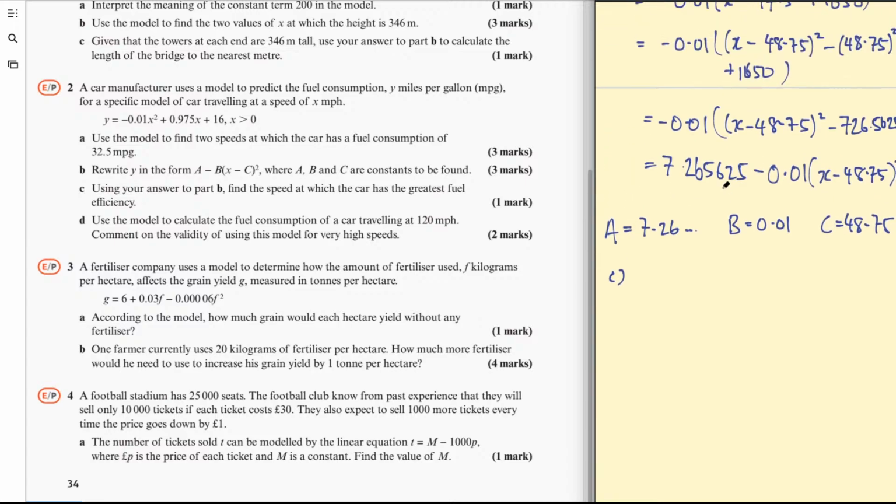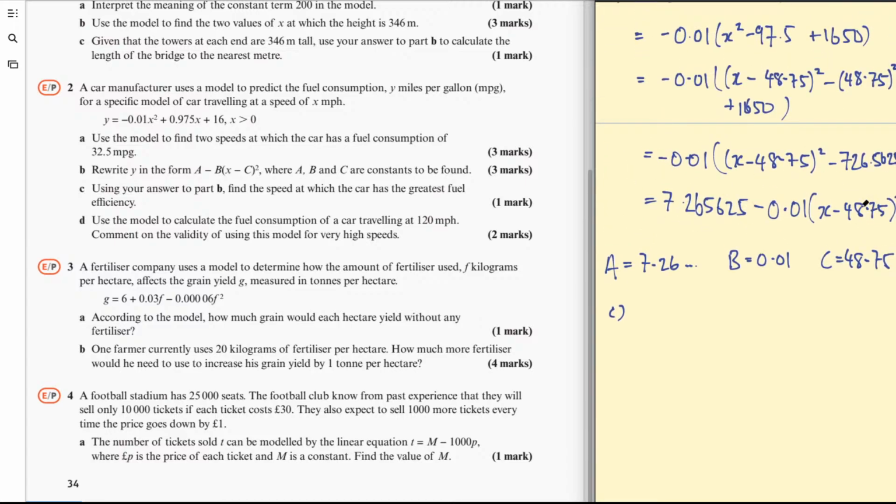So now we need to remember that when we write a quadratic in this form, this gives you the turning point. So remember, the turning point of a quadratic, when it's written in this form, is c and a. So c is the x coordinate and a is the y coordinate.